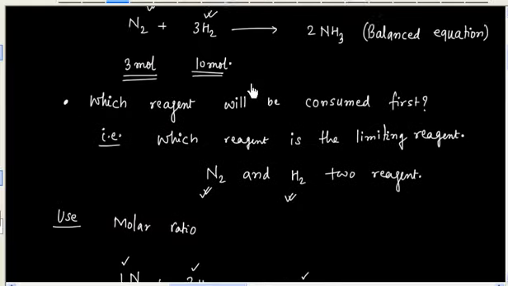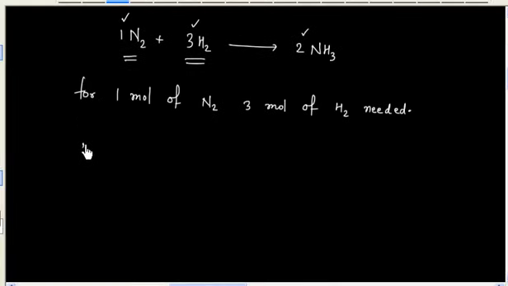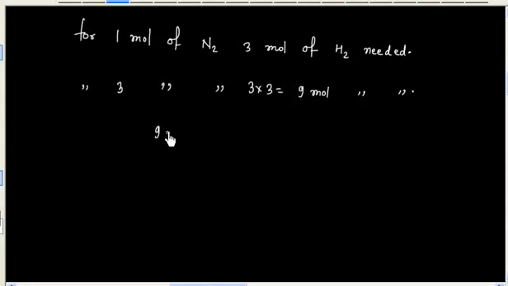And we have been given 3 moles of nitrogen. So for 3 moles of nitrogen, 3 into 3, that is 9 moles of hydrogen is needed. So 9 mole of hydrogen is required.